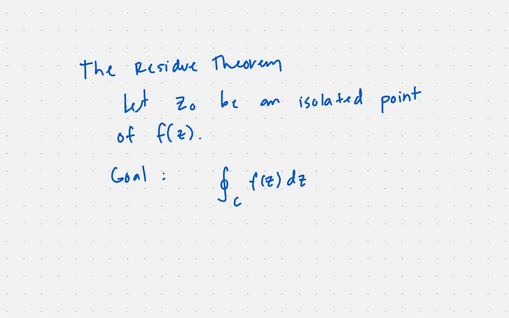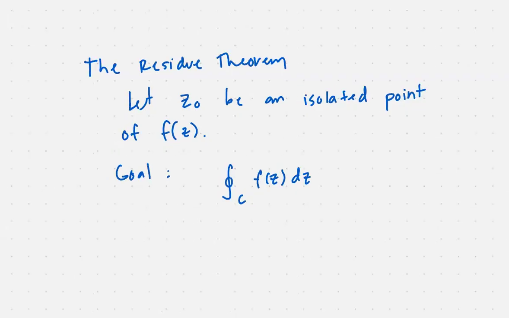Okay, so this is our, let me write it here. C is a simple closed curve.